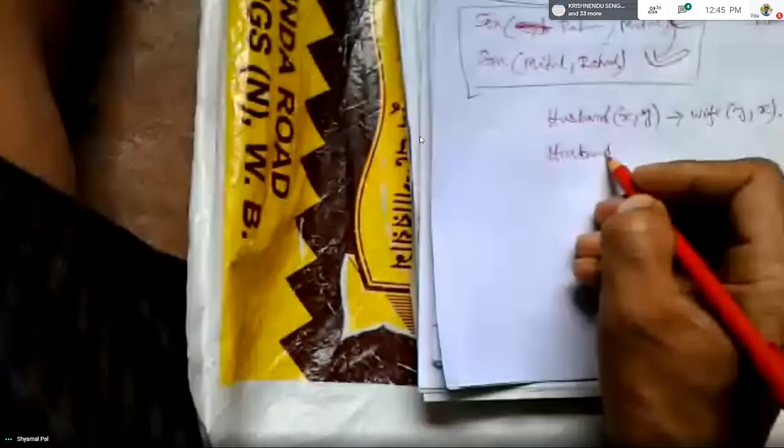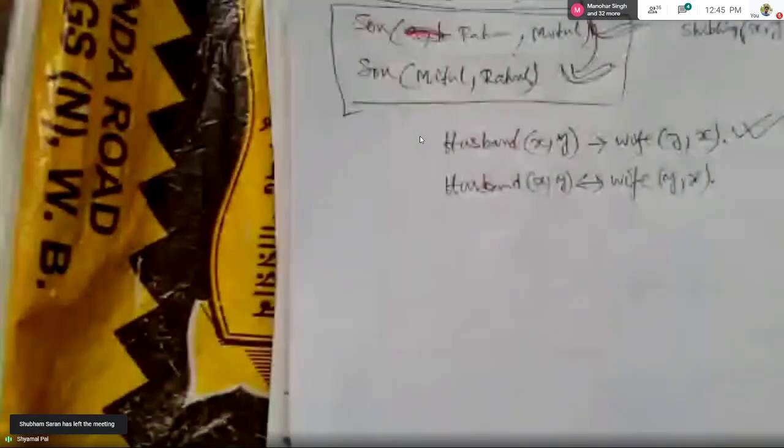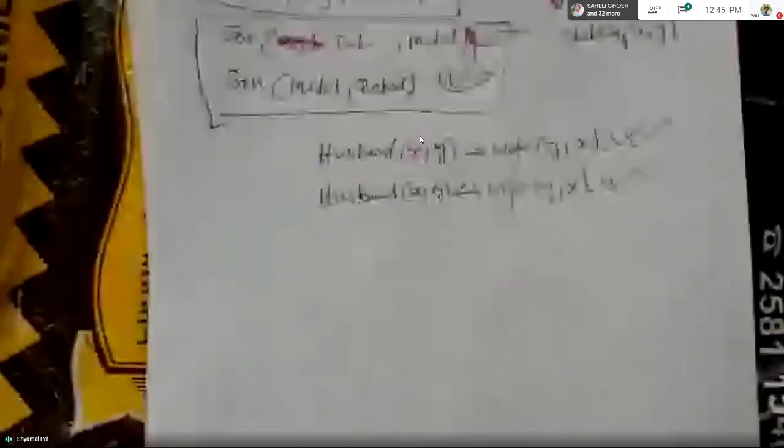Now, may I write this one? If you have any doubt, that is, if this one is true, may I say this one is also true? If you do not agree, then you may ask me. That is, no sir, the second one cannot be true if the first one is true.